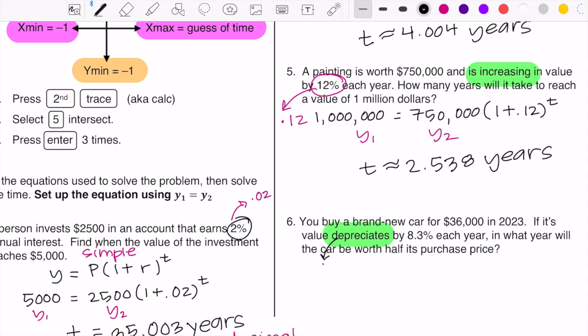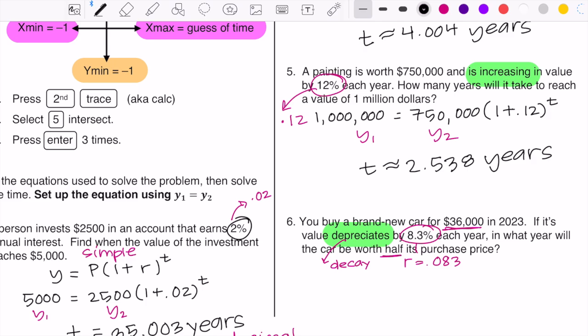So this is going to be decay, 8.3%, so r equals 0.083. In what year will the car be worth half its purchase price? So half of 36,000 is going to be 18,000.